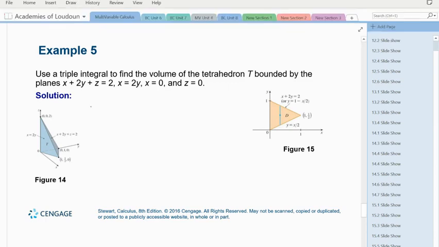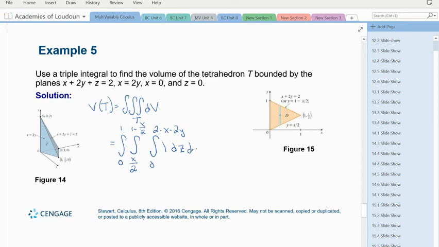So therefore, the volume of the tetrahedron is going to be the triple integral over the region T dV, which is then going to be the integral from 0 to 1, from x over 2 up to 1 minus x over 2, from 0 to 2 minus x minus 2y of 1 dz dy and then dx.